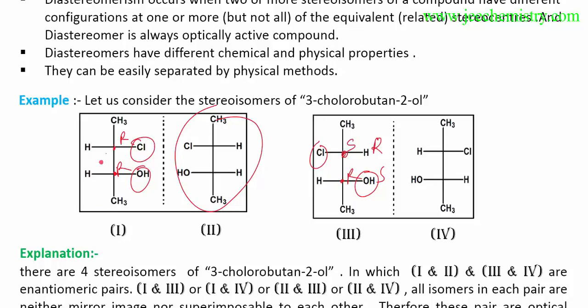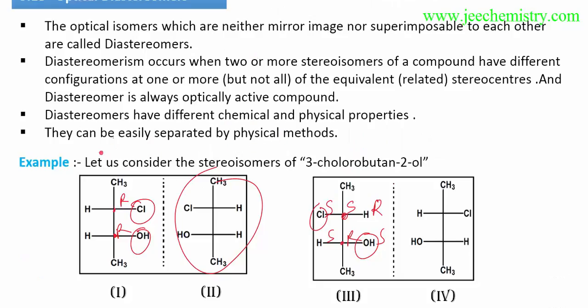And if all stereocenters are different, if this is R and this stereocenter is configured S, S, then the 1st and 3rd will be enantiomers. But for diastereomers, not all. I have already explained that diastereomers occur when two or more stereoisomers have different configuration at one or more positions, but not all stereocenters. It means all the stereocenters must not have different absolute configuration, only one less.